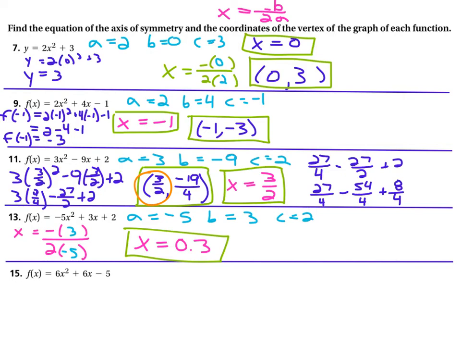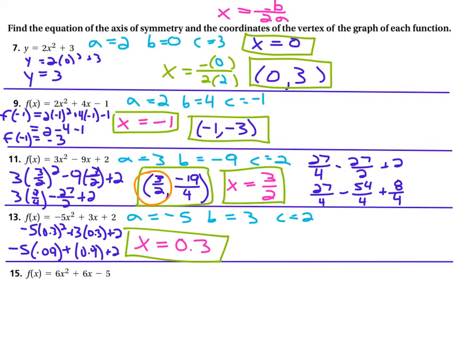Okay? And if I then erase this and plug in what we got there to find out what it spits out for the matching y-coordinate, we've got negative 5 parentheses 0.3 squared plus 3 times 0.3 plus 2. Negative 5 times 0.3 times 0.3 is negative 0.45, plus 3 times 0.3 is 0.9, plus 2.